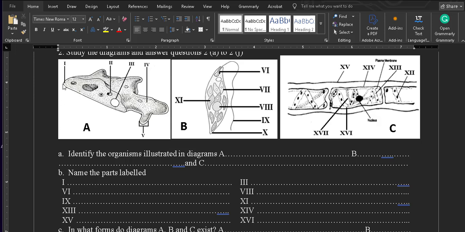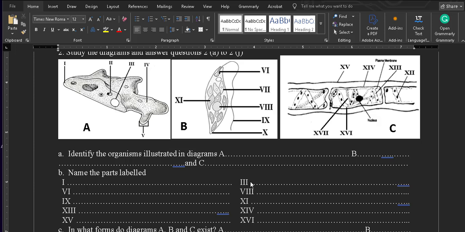So I is ectoplasm. You can see that the arrow is pointing close to the cell membrane, and not exactly within the cell, which would have given us endoplasm. So you can go for ectoplasm right here.